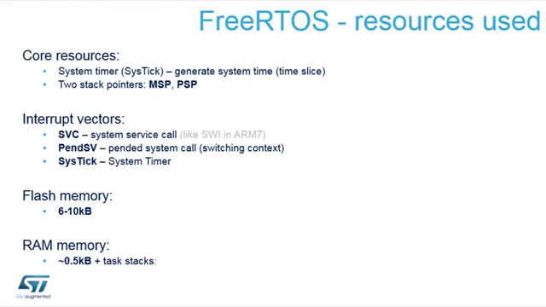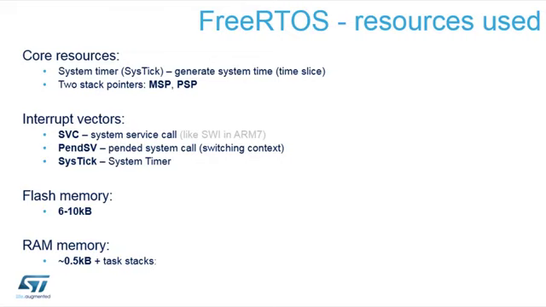Which means if you run your task, it uses its own dedicated pointer to the stack and it moves with that. However, when you jump into the scheduler, it uses its own separate stack pointed by the main stack pointer. So they are independent, they don't cross each other, and that has a safety benefit.